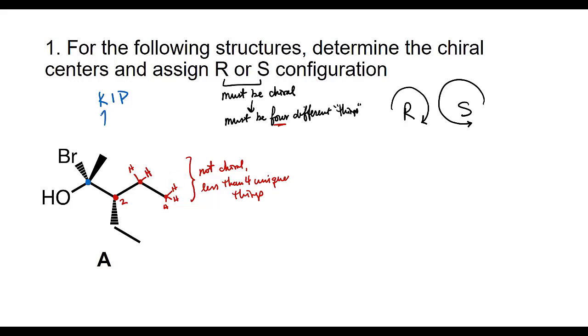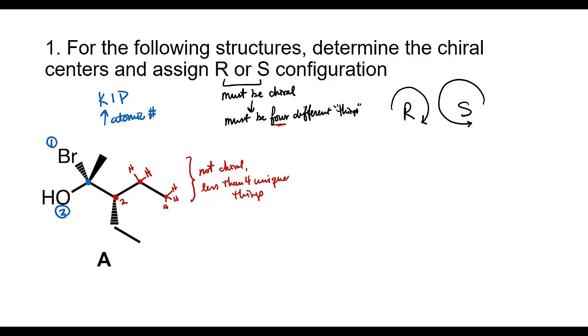Higher atomic number is higher priority. Okay? So bromine is 1. So what is my second priority? My alcohol, yes, so this is 2. And when I'm looking at 3 and 4, I have 2 carbons, so I'm not going to be comparing carbons because they have the same atomic number.